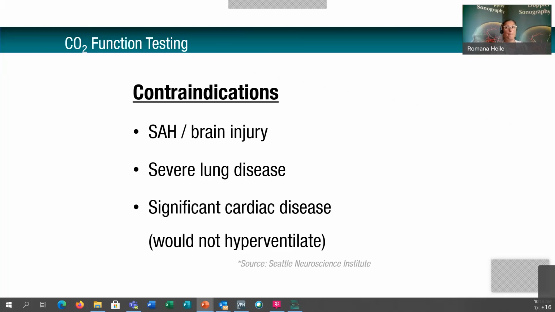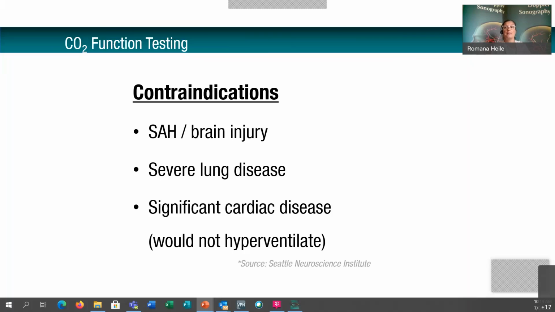Also, if a patient has severe lung disease, of course, they will not be able to do a breath holding test, or they will probably not be able to follow the breathing procedure as given by the test protocol. If people have cardiac diseases, then hyperventilation would also be counterproductive.